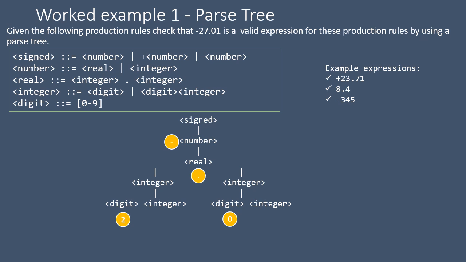Those are our terminal symbols. And to find the second digit, we have found that in both cases, which is now the 7 and the 1. So we have identified and found all our terminal symbols. We can say now that this is a valid expression given these production rules that we have.